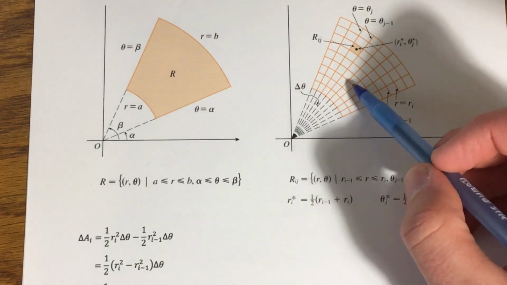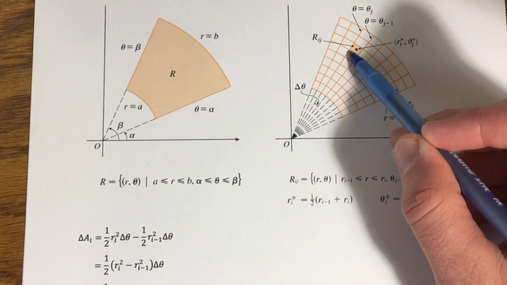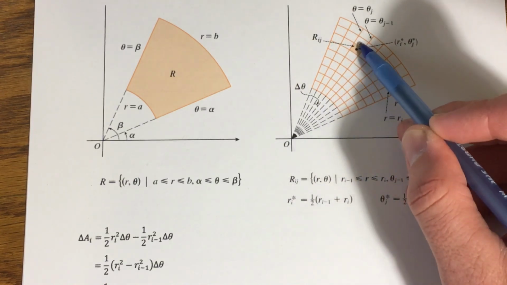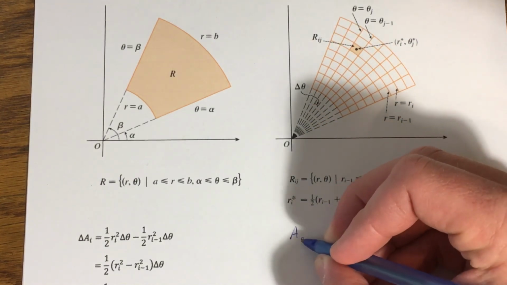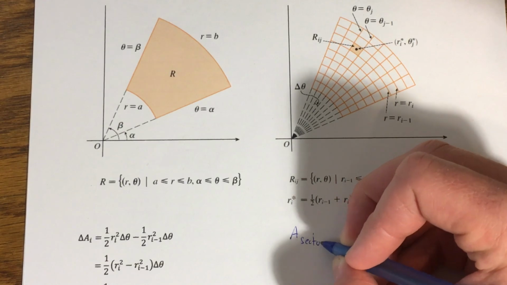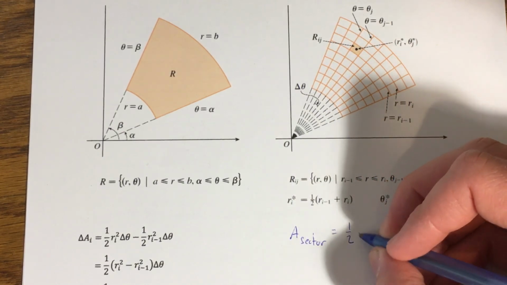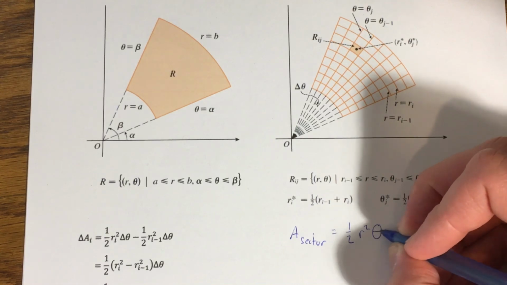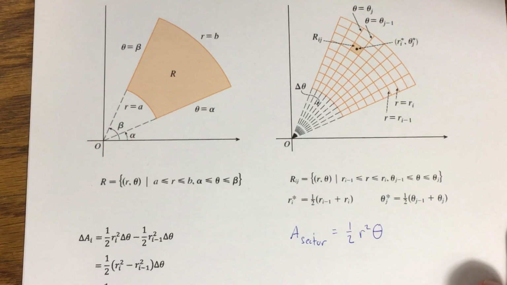This little polar rectangle can be thought of as a little piece of a sector of a circle. Now the area of a sector, from trigonometry, is 1/2 r squared times theta, which is the angle that subtends that sector.